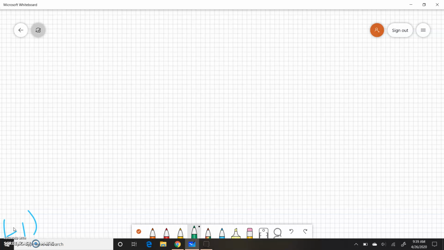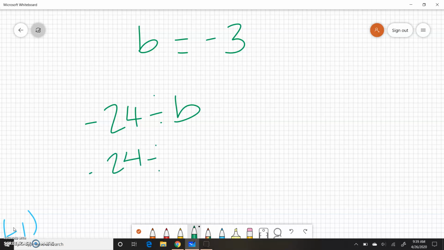So they might say, I'm going to do a different variable, B equals negative 3, and they might have negative 24 divided by B. So really it's negative 24 divided by negative 3. So 24 divided by 3 is 8. Both signs are the same, so it's a positive 8.